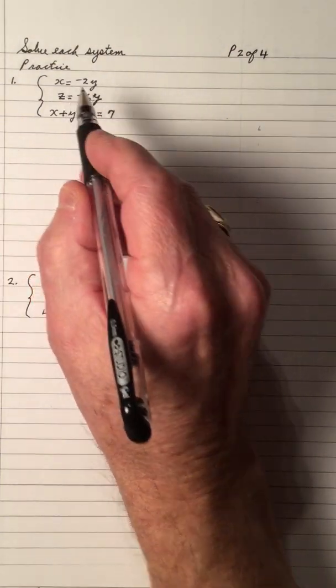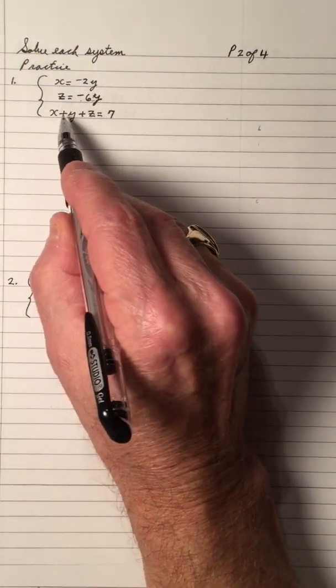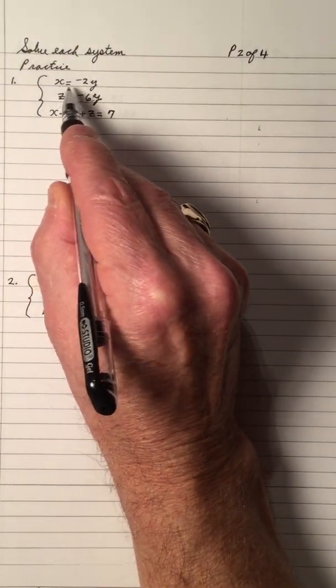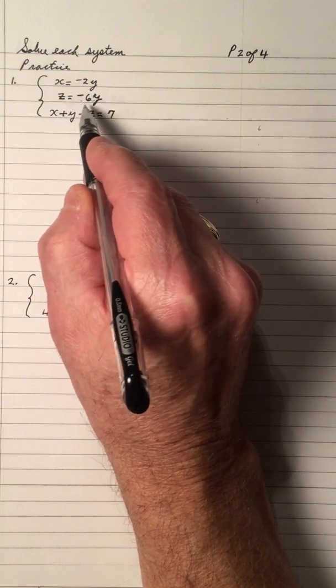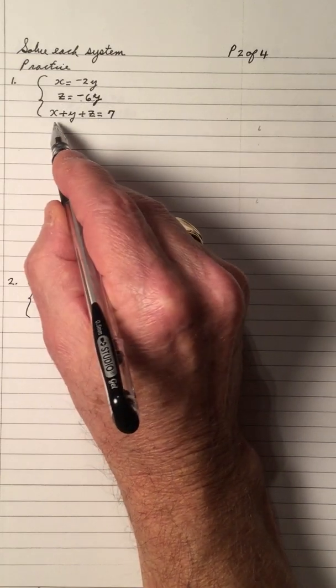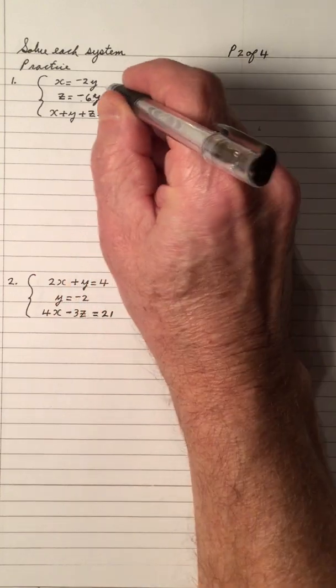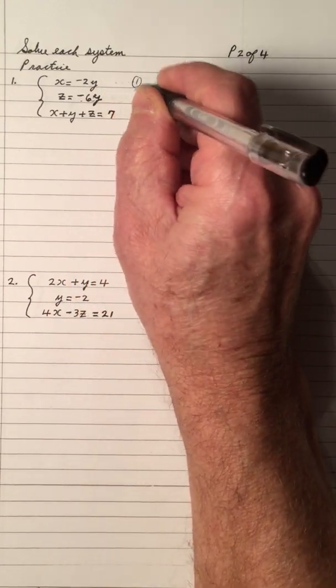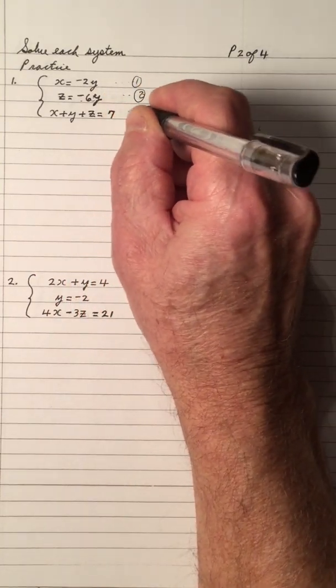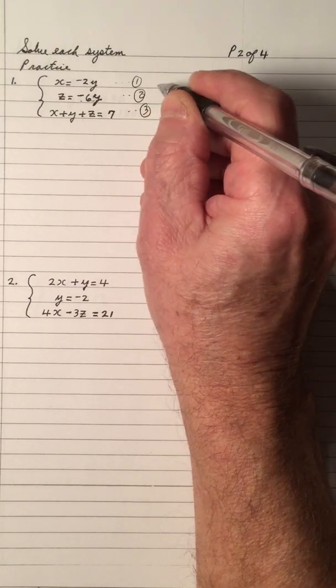Solve the system. Notice we have three equations: x equals negative 2y, z equals negative 6y, and x plus y plus z is 7. So this is equation 1, equation 2, and equation 3.